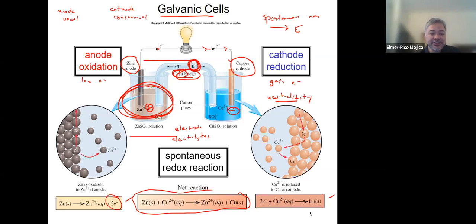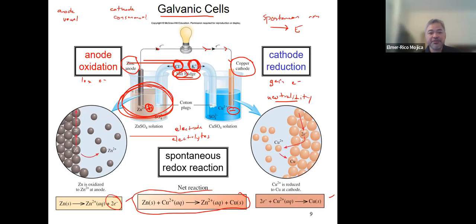Now, on the other hand, since this is a positive charge here, and you have what we call the chloride in the salt bridge going there, so positive and negative charge, the neutrality is also conserved. So there's no positive charge on this side and there's no negative charge on the other side because the salt bridge tries to maintain both sides to be neutral.